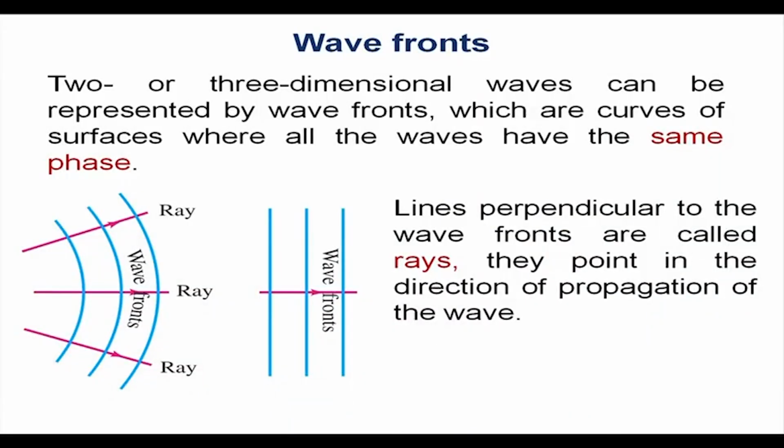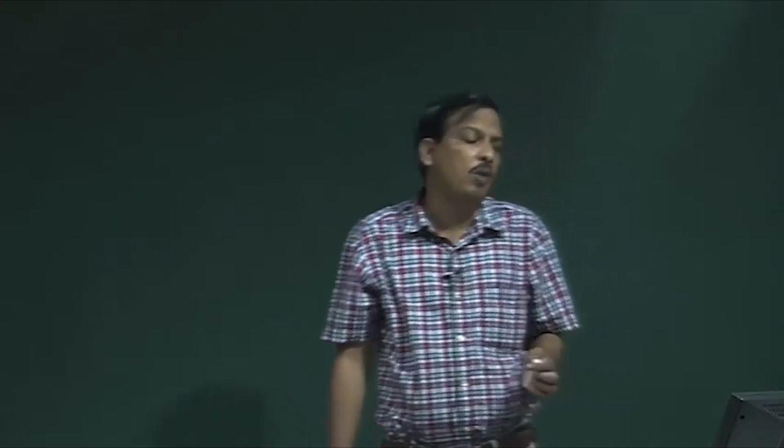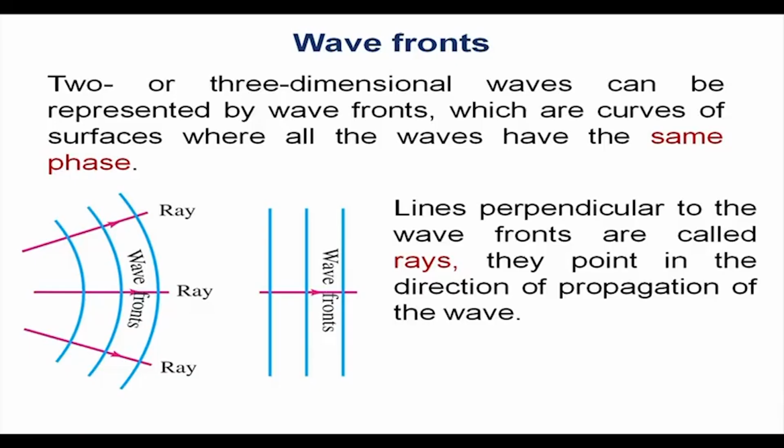Any sound or acoustic wave has a wave front. What is a wave front? A two or three dimensional wave can be represented by wave fronts, which are curved surfaces where all the waves have the same phase. If you see the blue lines, all are wave fronts. Within a line the wave has the same phase, and a line perpendicular to the wave front is called a ray.